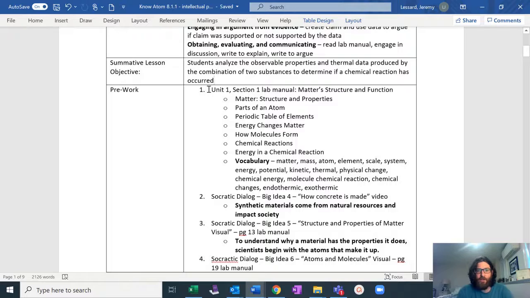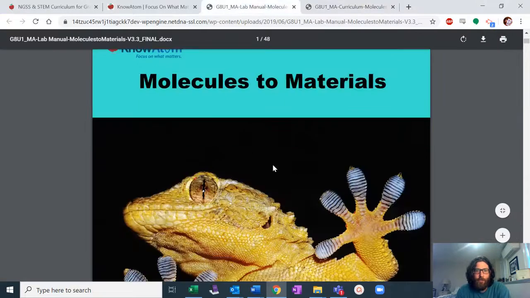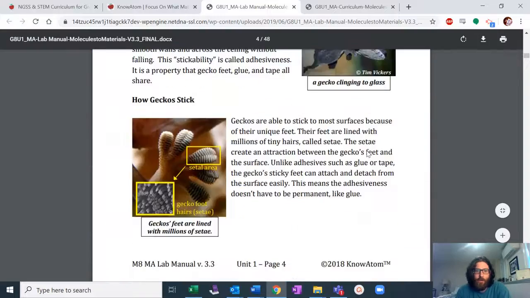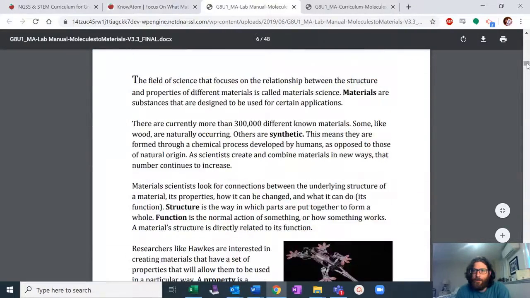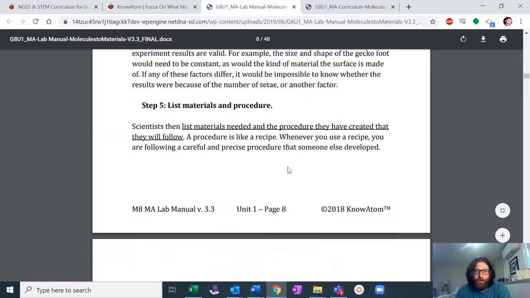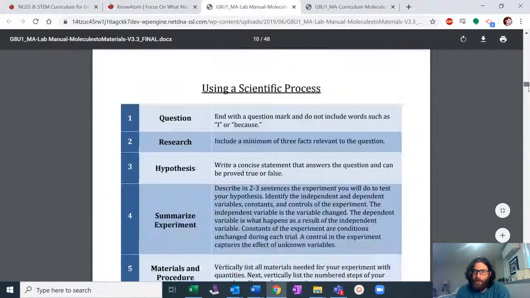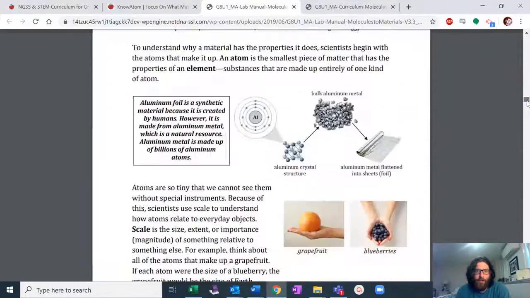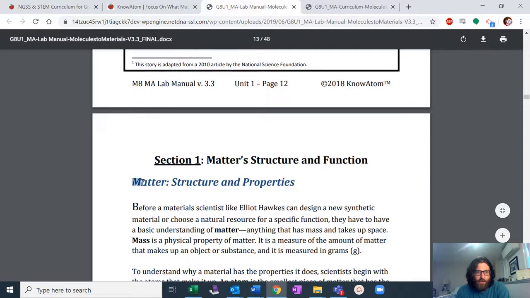First, we have this Unit 1, Section 1 lab manual. I've pulled out all the sections of that lab manual. I've pulled out all the vocabulary because I went to the lab manual, I looked through it, and I found, let's get past this intro section, right? So I pulled out these headers and I pulled out these vocabulary words.